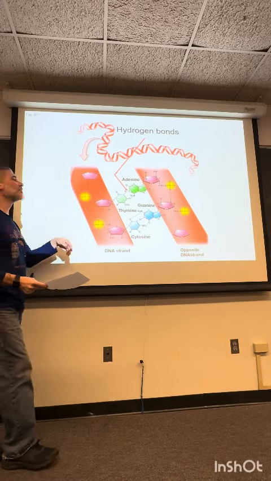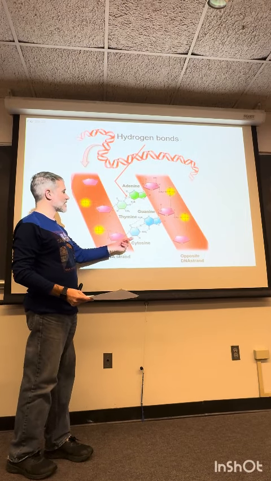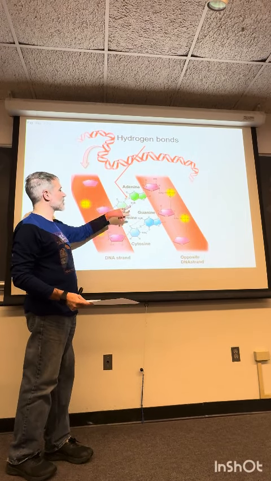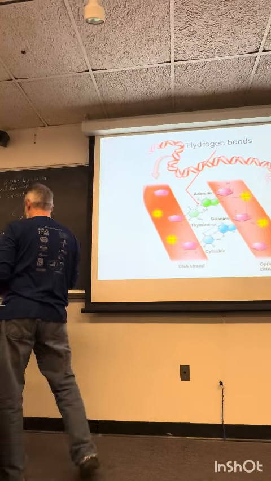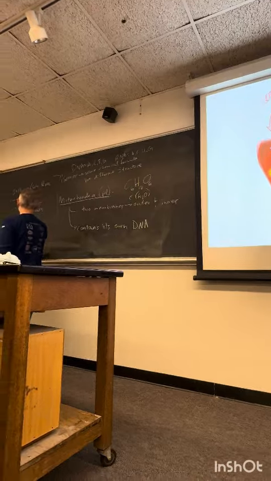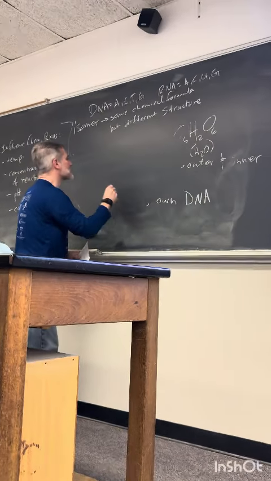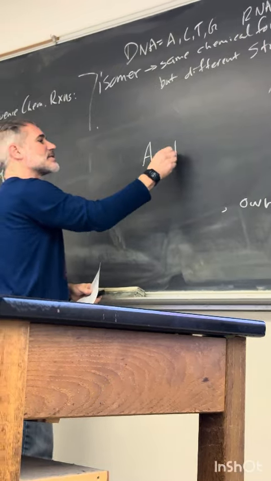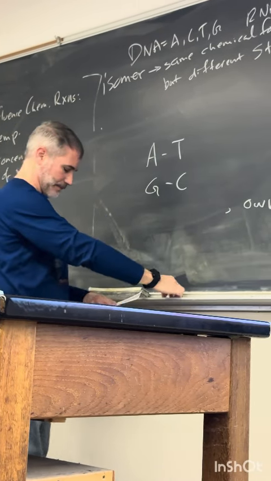Whenever we have a guanine on one strand, we have a cytosine on the other. That's misleading the way they label that. Whenever we have an adenine on one strand, we have a thymine on the other. So you know this to be called base pairing, which we're not going to get into too much later. But the relationship is that an A is always attached to a T, and a G is always attached to a C.